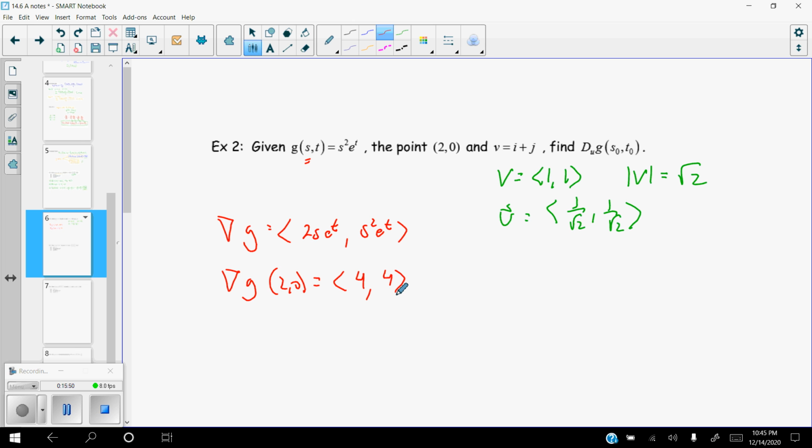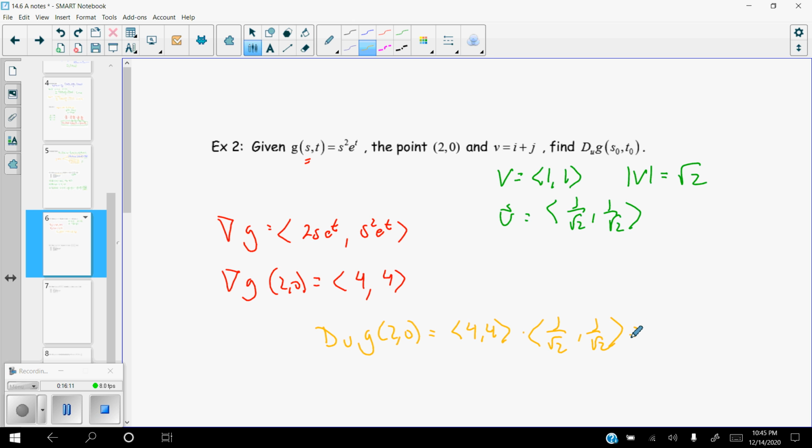So now if I want the directional derivative at the point 2, 0, it's going to be the gradient 4, 4, dotted with our unit vector 1 over root 2, 1 over root 2.